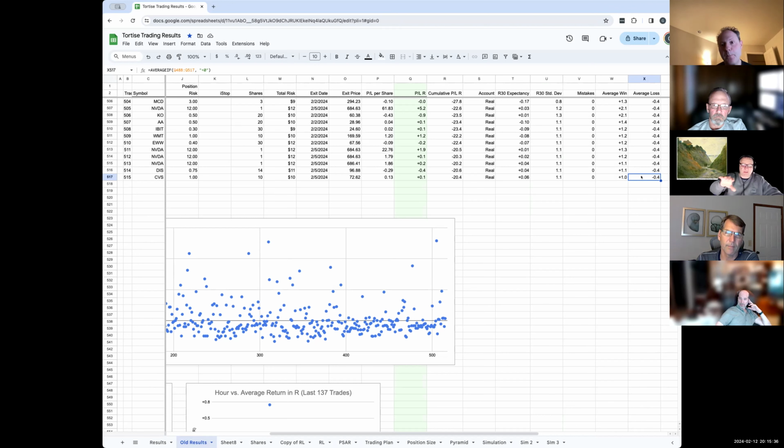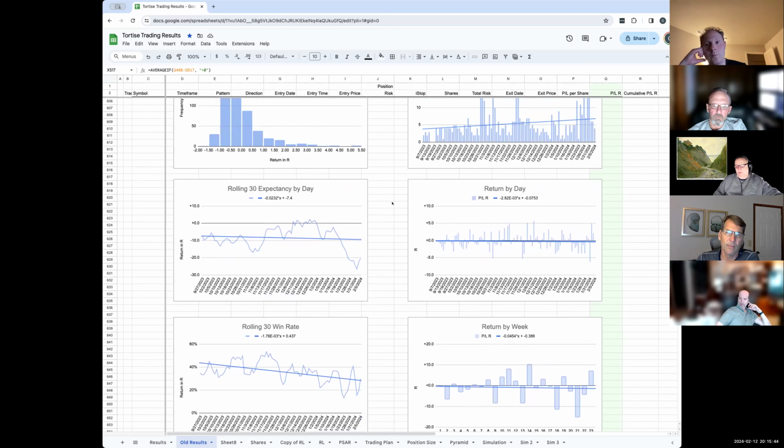The rolling 30 trade expectancy takes care of mixing the wins and losses, but you want to look at those as two separate things. Am I cutting off the losses properly?